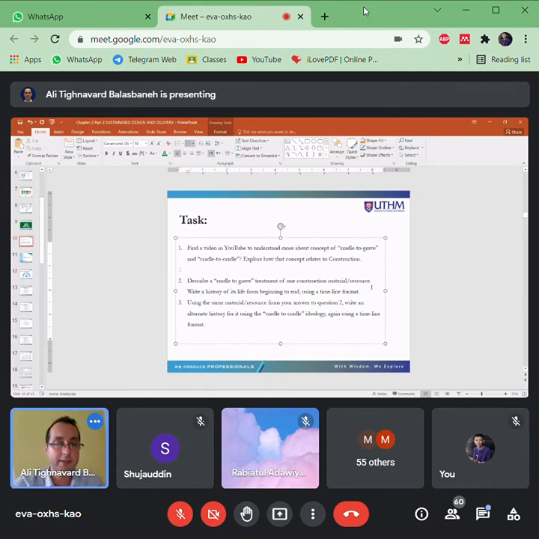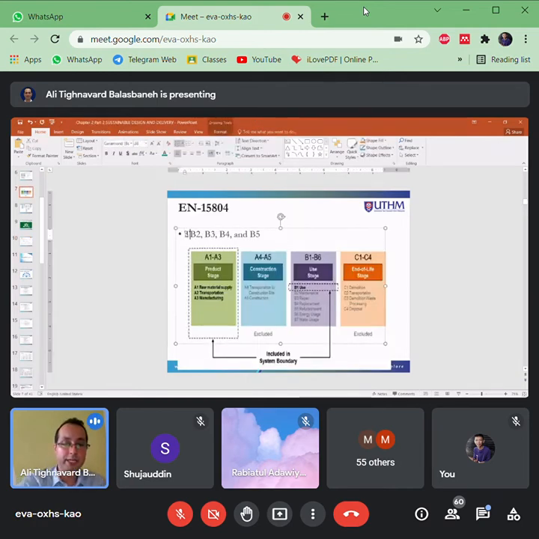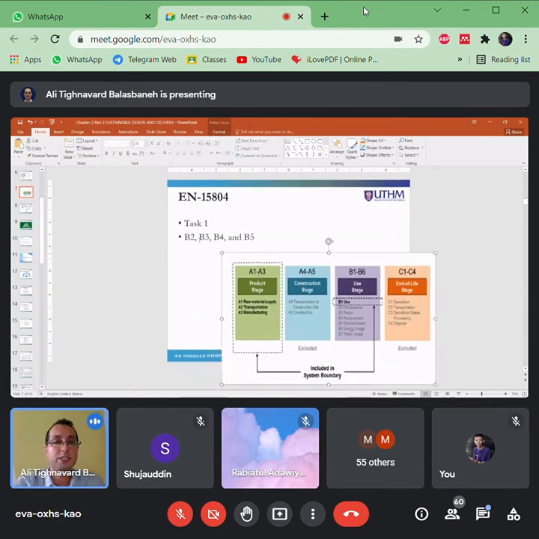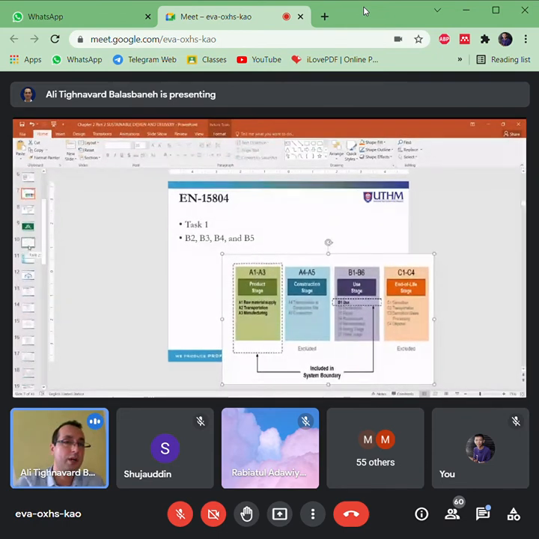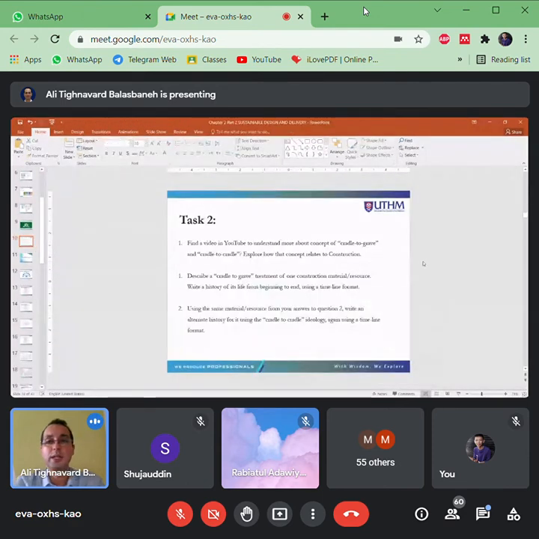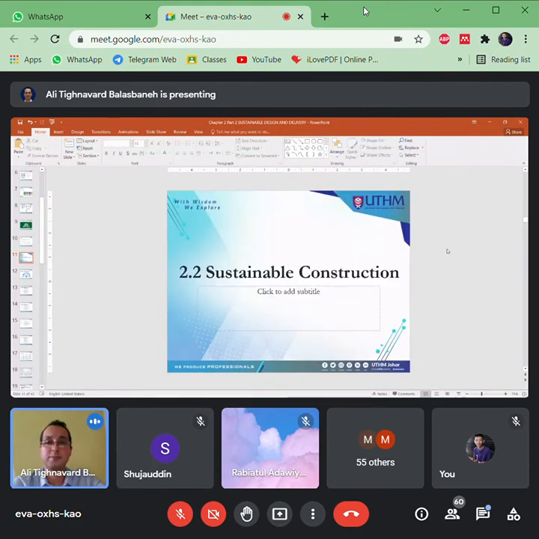Let's name it task 2, and the previous one task 1. This also should not be more than 1 page, maximum 1 page. I will share the file with you later, you don't need to write it down. Let's proceed.